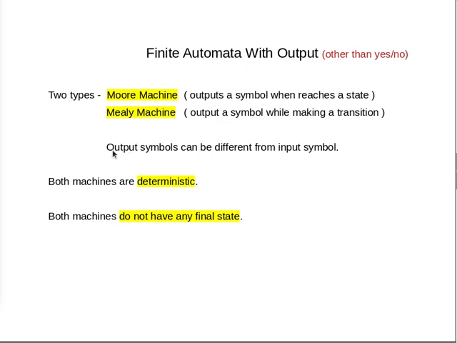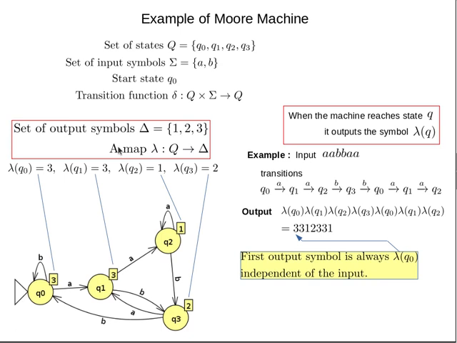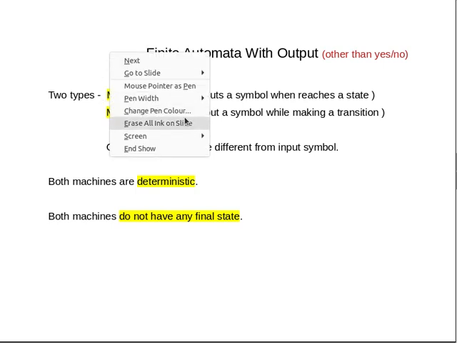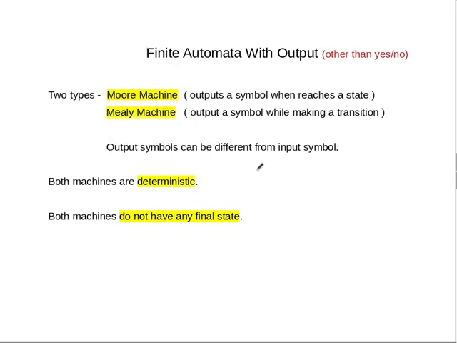Now here we are considering another set of symbols, the output symbols, which can be different from input symbols. So we need another alphabet, and we will call that the output alphabet.